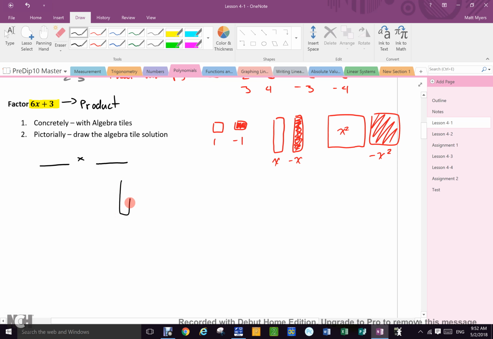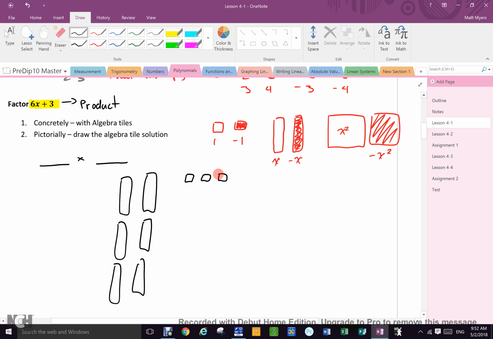I have 6 x's. Yes? And I have 3 little guys. Yep. Now, if I am going to factor it, what is the reverse of multiplication? Division. So to find factors, I must divide. Mustn't I? Indeed, I must.